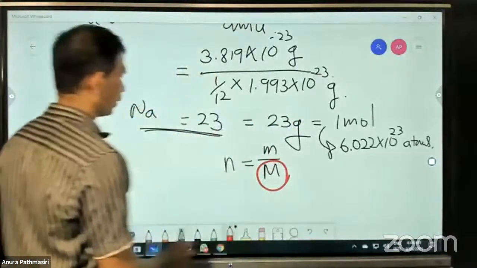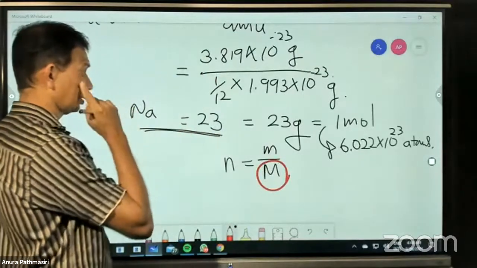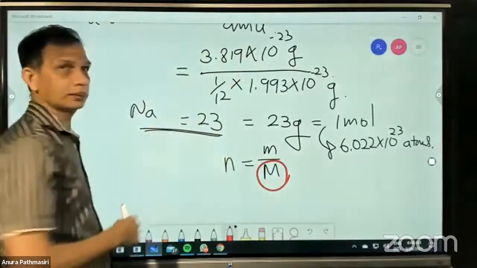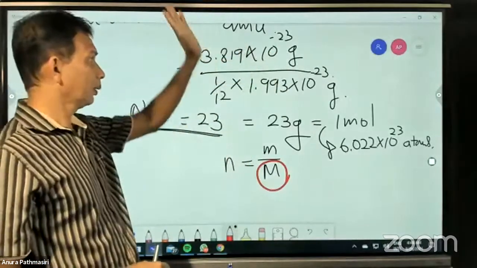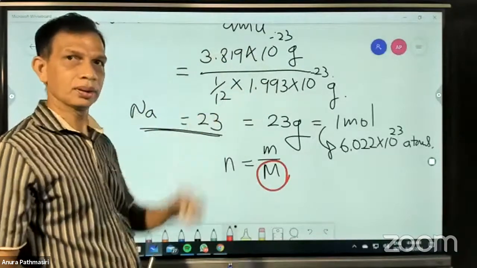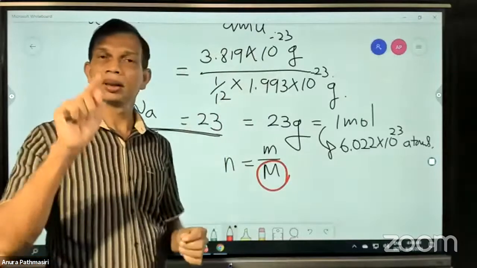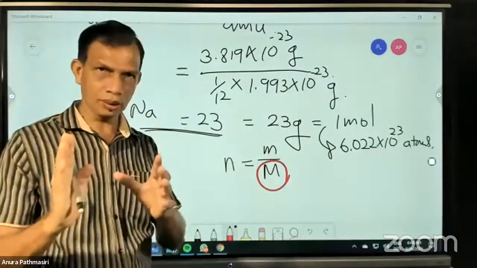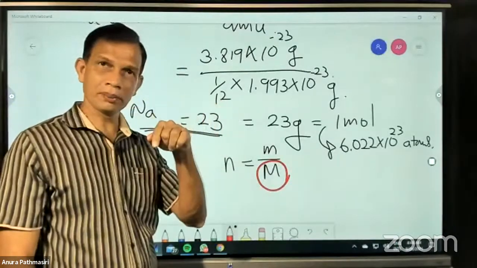Continue. You can get a relative atomic mass by dividing the mass of the particular atom by the atomic mass unit. I told you the atomic mass unit is measured by the mass of the C-12 isotope divided by 12. Why did I divide by 12?